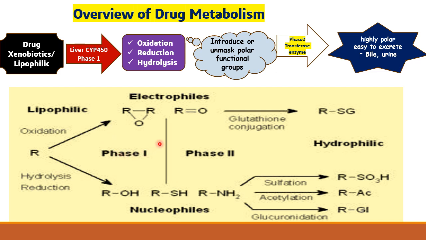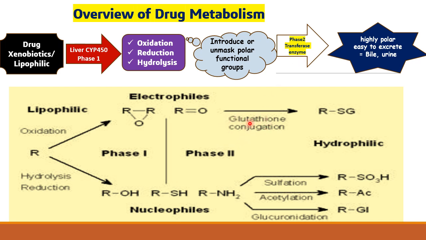Now the drug is ready to go through phase 2, because the important point for the phase 2 reaction is that there must be a polar functional group which is easily accessible in the structure of the drug molecule. The phase 2 conjugation reaction is facilitated by transferase enzymes. It could be glutathione transferase, glucuronic acid transferase or sulfate transferase, depending on the type of conjugation.